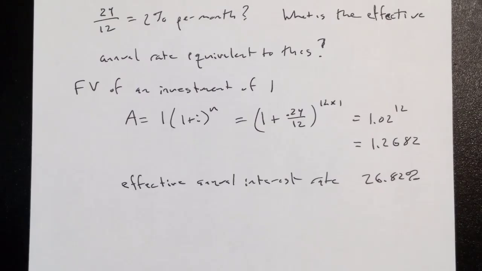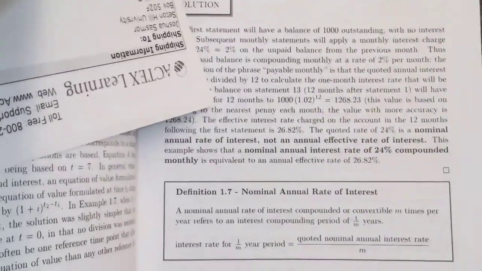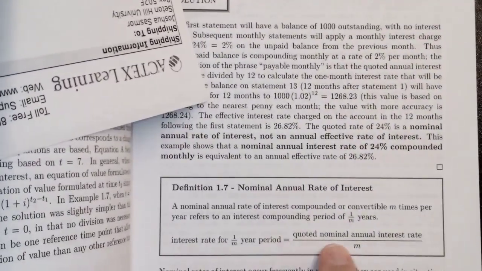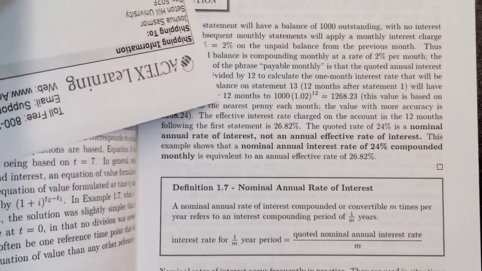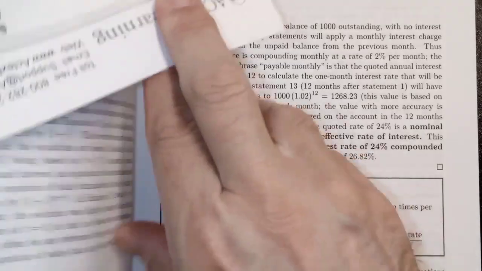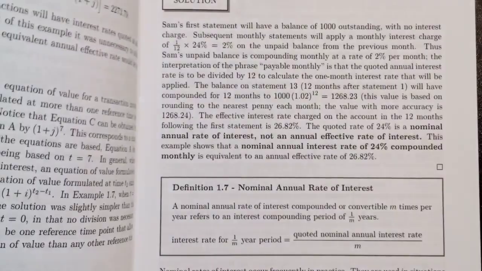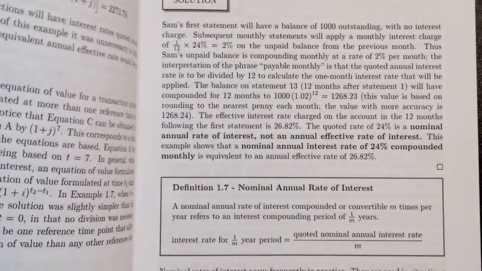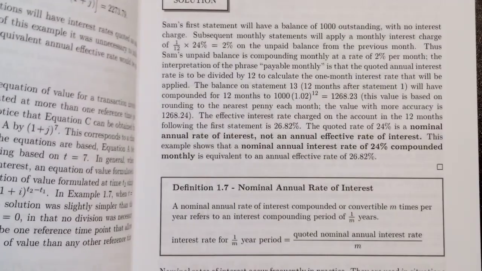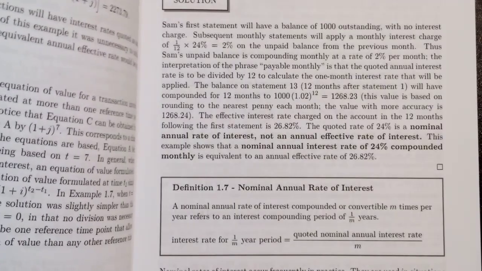And on page 25, we actually see a definition for the nominal interest rate being exactly that, the quoted rate divided by m. So that key phrase that we used here, compounded monthly. Sometimes it's converted monthly.